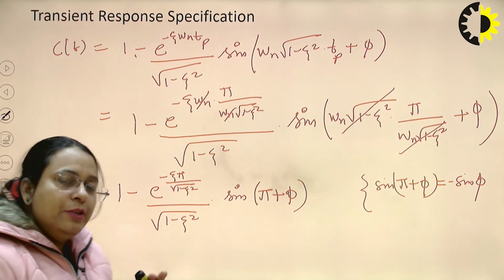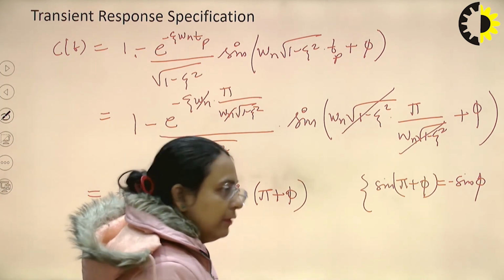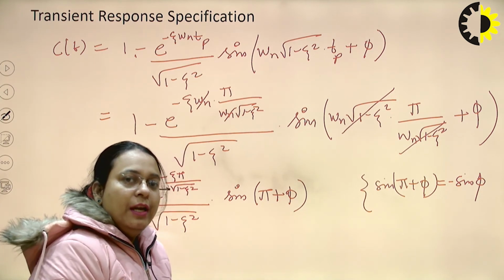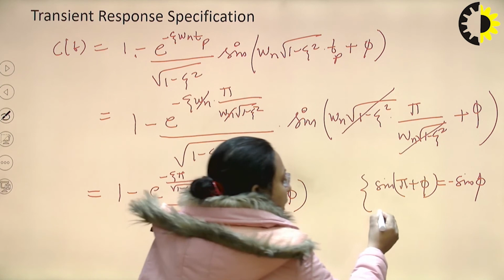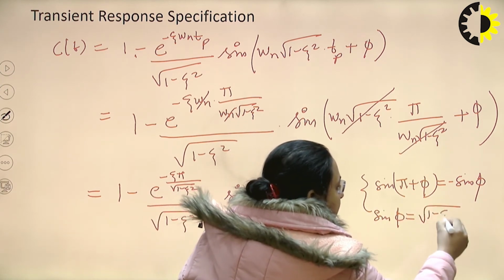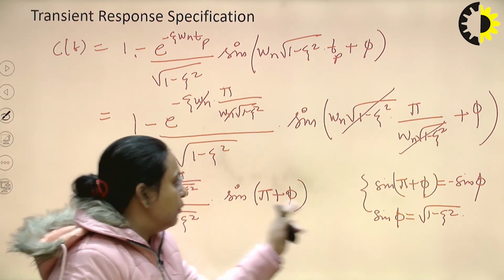And in the expression of phi, if you remember in the previous expression while we were deriving the expression for CT, we have taken sine phi equals under root 1 minus zeta square, right. So we can directly put this value here.